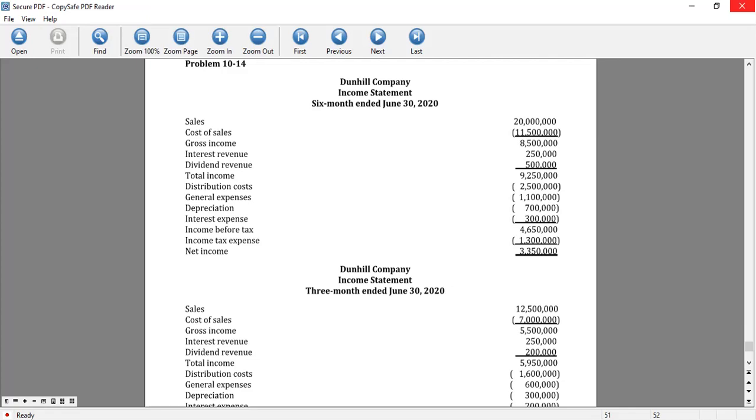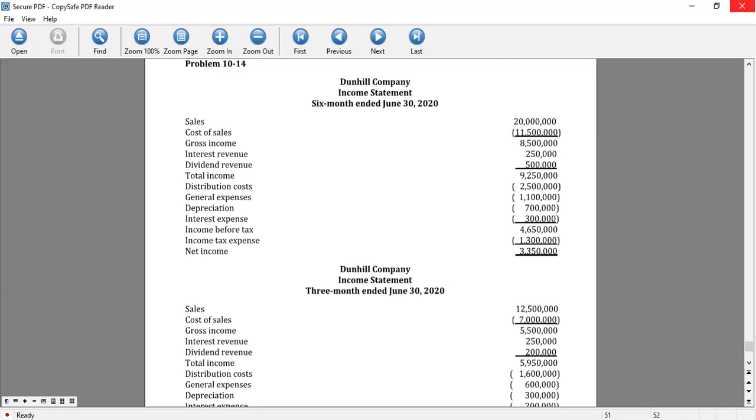Then the second income statement ending June 30. The worksheet now showed the following accounts. So we have sales, then interest revenue, dividend revenue, cost of sales, then distribution cost and general expenses.